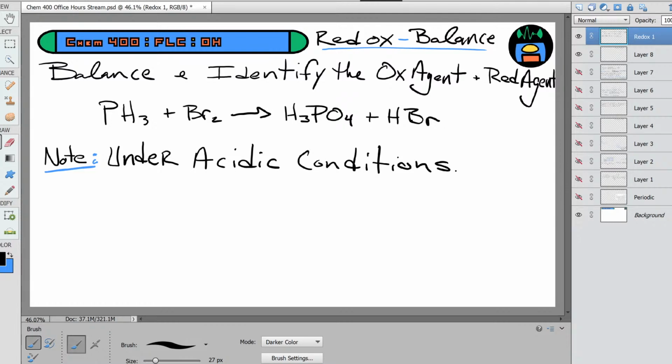So I'm not going to do a gas evolving one since they won't be on the test. But I will do an acid-base stoichiometry problem. I'm just going to start writing it.